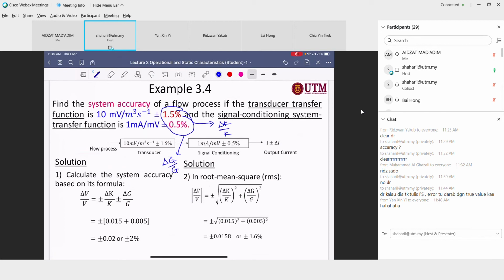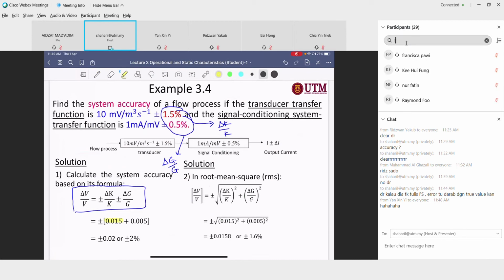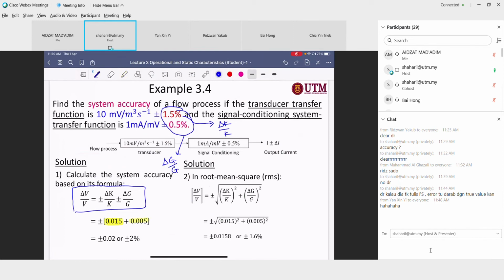So in order to find the system accuracy in terms of error per output, you can straight away use that value. 0.015, that means 1.5 divided by 100, plus 0.5 divided by 100.